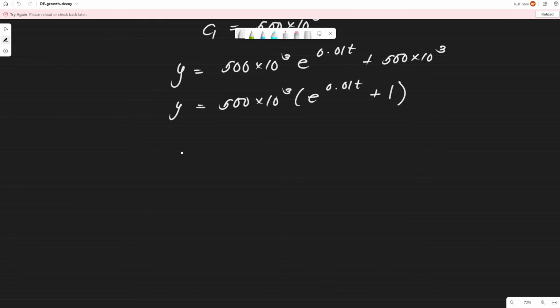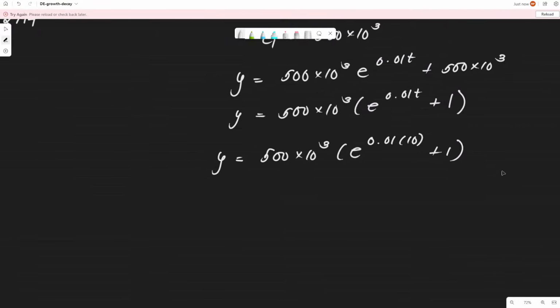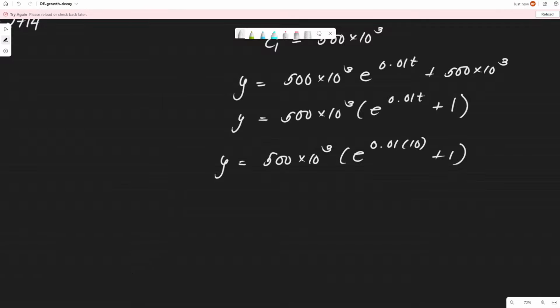No? So, we have Y is equal to 500 times 10 raised to 3 multiplied to e raised to 0.01 times 10 plus 1. Okay, so usog ko lang konti. Ayan, labas natin ang ating mahiwagang calcu.